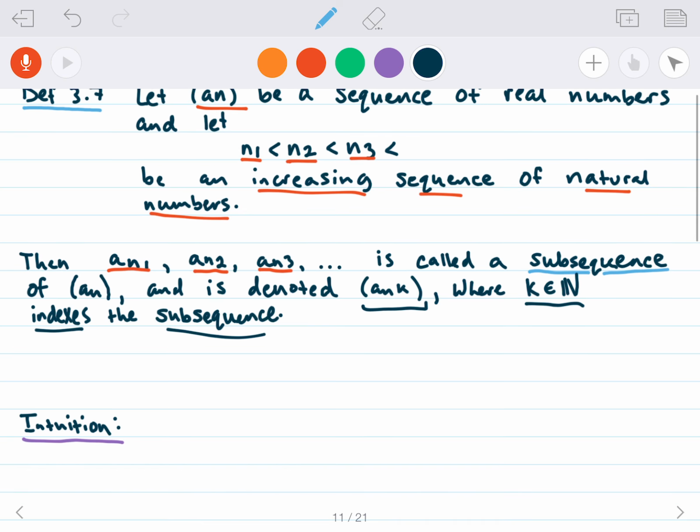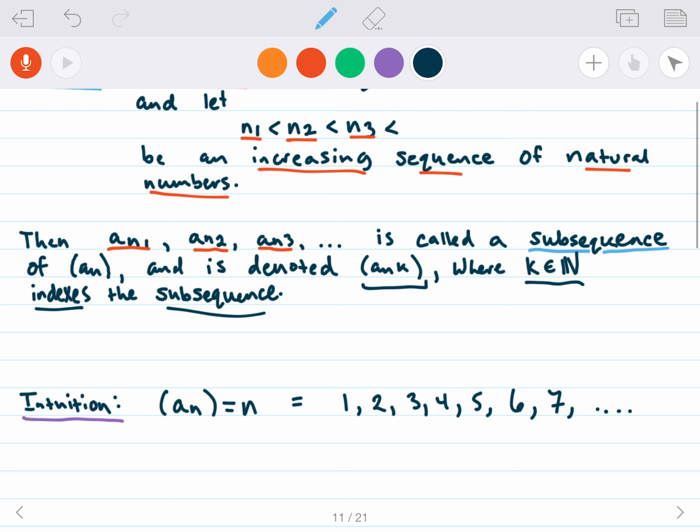If I just take a regular sequence, a sub n equals n, what does this look like? This is 1, 2, 3, 4, 5, 6, 7, and so forth. So a subsequence is going to be, we're going to start somewhere in the sequence with an n1.